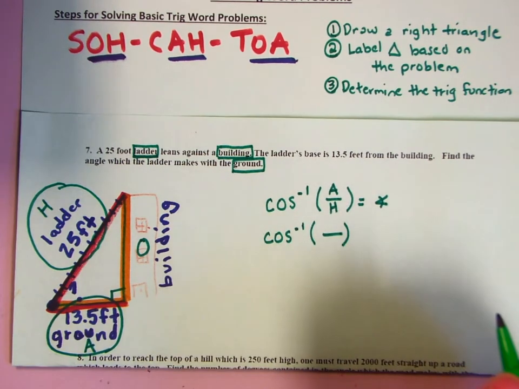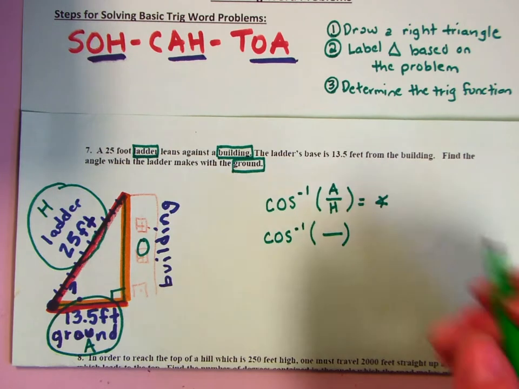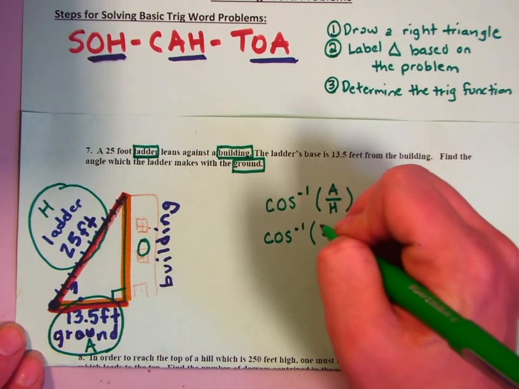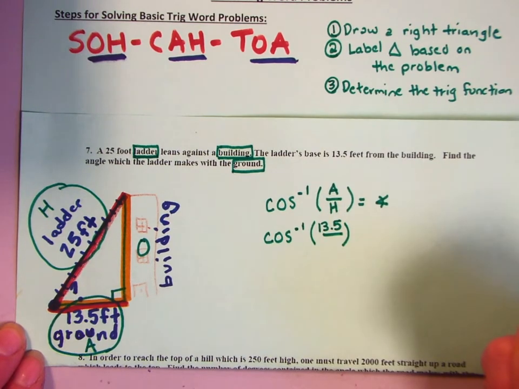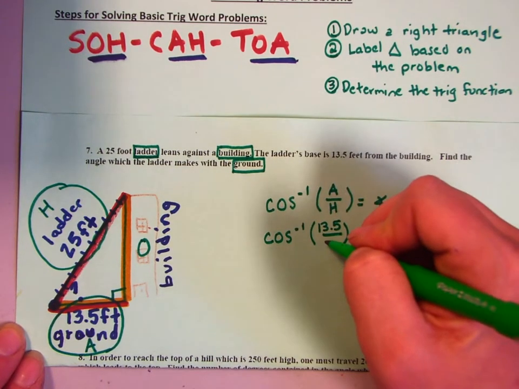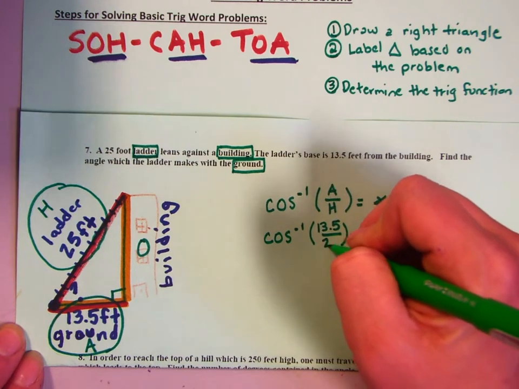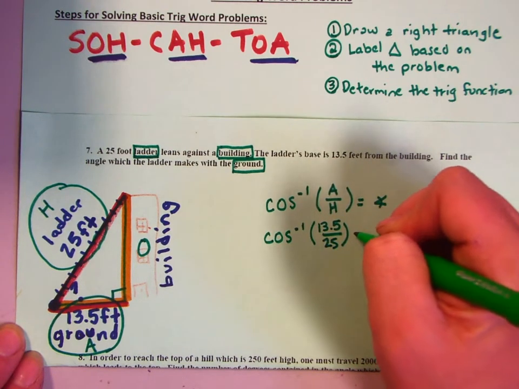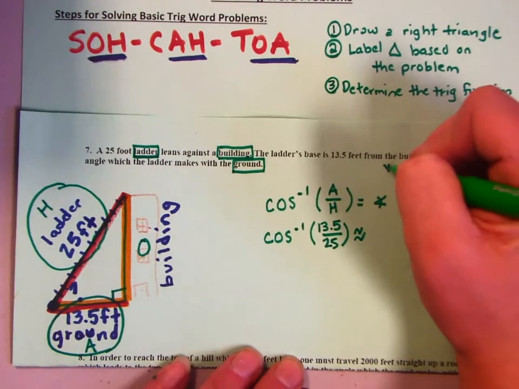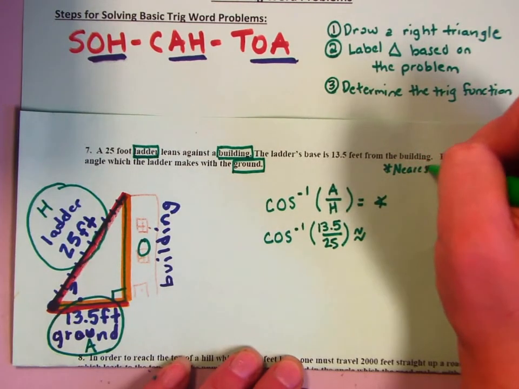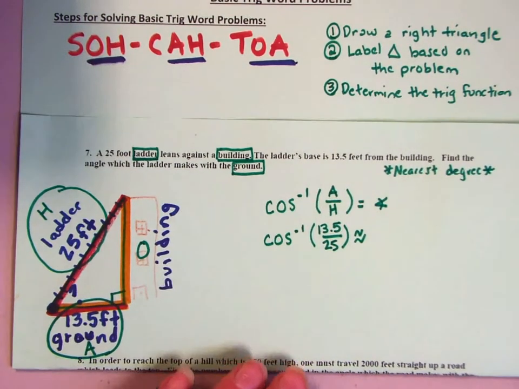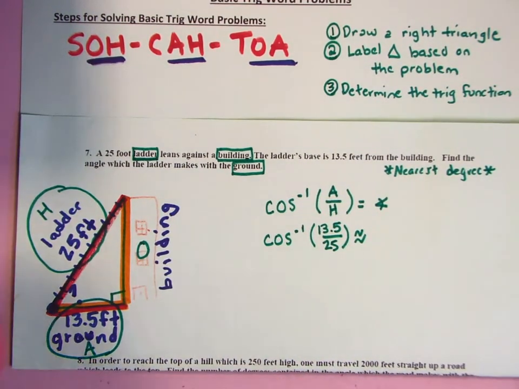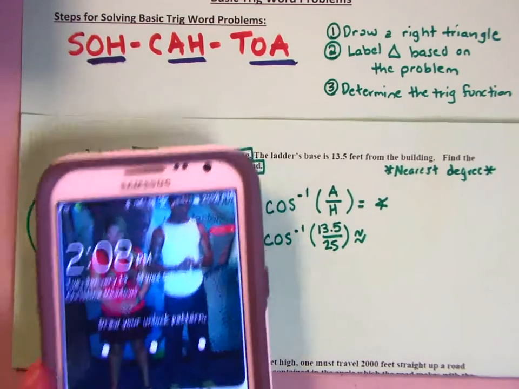So what is my A? 13.5. What is my H? 25 feet. Okay, I want you to go to the nearest degree. So punch this in your calculator.